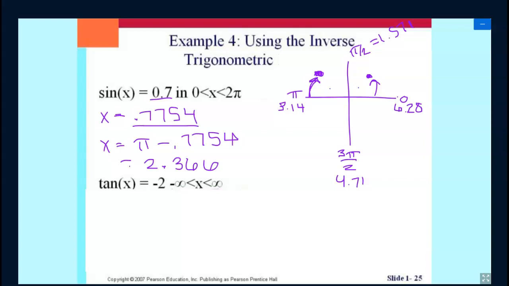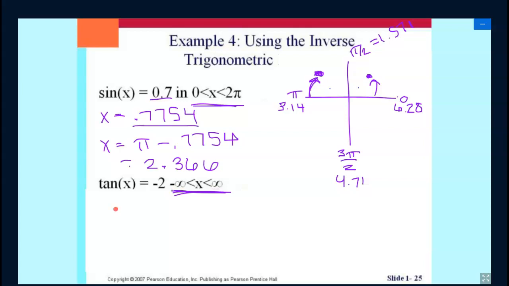Tangent equals -2. Tangent equals -2, and this is important. How does this change from that? So go to your calculator, do second inverse tan, -2. Not a unit circle value. We don't really have a tangent equaling -2 on our unit circle, so we know that we need to find this.